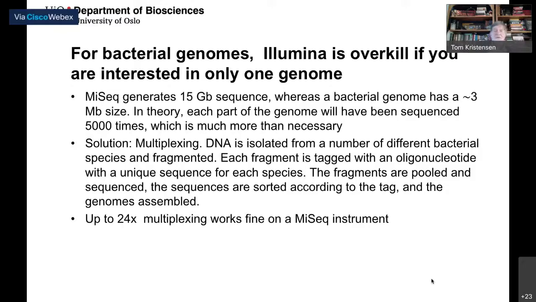And you run all these multiplexed genomes in the same experiment, in the same sequencer. In my work, we have used up to 24 times multiplexing, which works fine. We'll see, it may be that it would have worked better with fewer than 24, maybe. But anyway, we can solve the too high capacity of an Illumina instrument by running more genomes in each experiment.